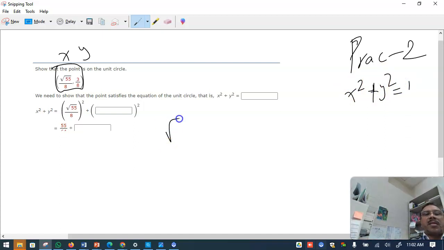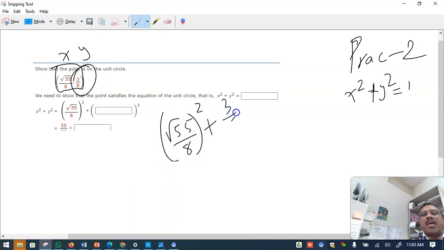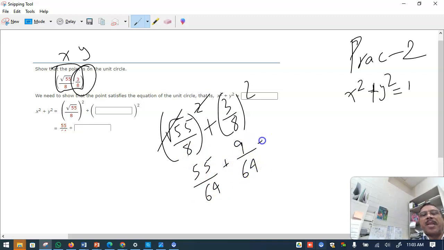So x is root 5 divided by 8, so you have to square this. y is 3 by 8, so 3 by 8 squared. The square root squared leaves us 5, and 8 times 8 is 64, plus 3 times 3 is 9 over 64, and you can add this out and you get 5 plus 9 is 64 over 64, because you add the numerators.